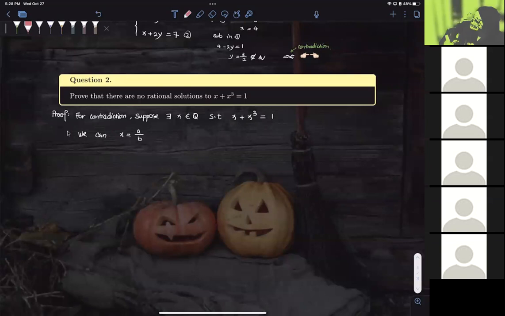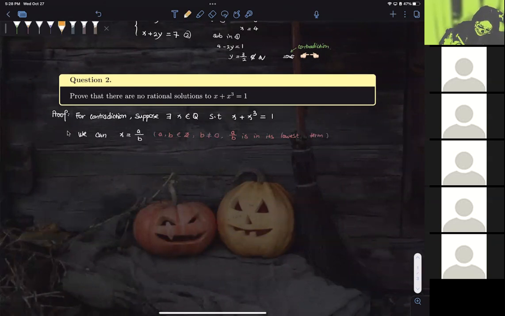Okay, the next step is really important. Why? Because you need a and b to be integers. You need b cannot be 0. And also, you need a over b to be in its lowest terms.